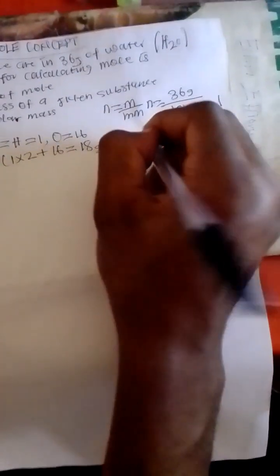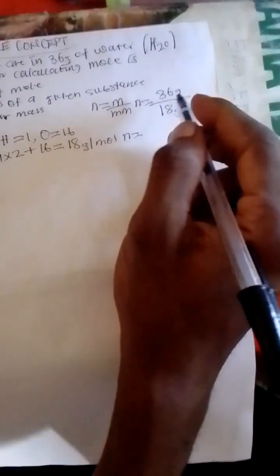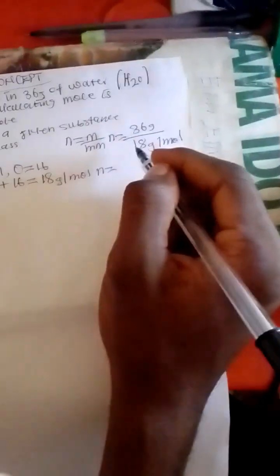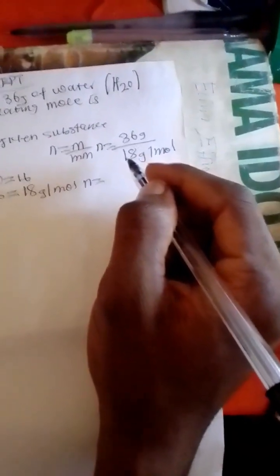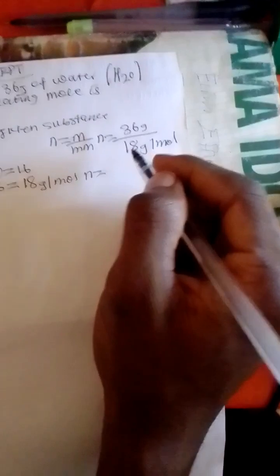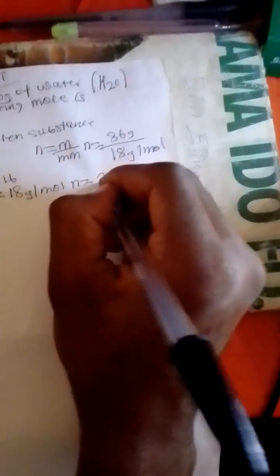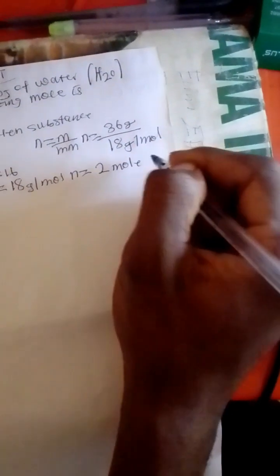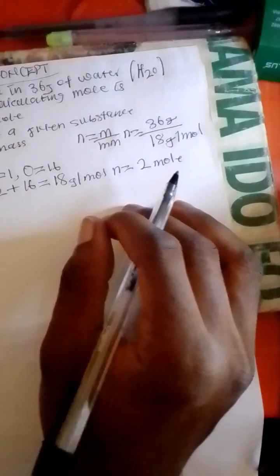So n will be equal to, you use your calculator to punch 36 divided by 18, is 2. So n is equal to 2. Gram will cancel gram and we are left with mole. So you can see we are able to calculate the molar mass of water.